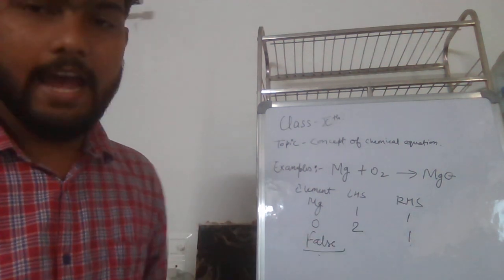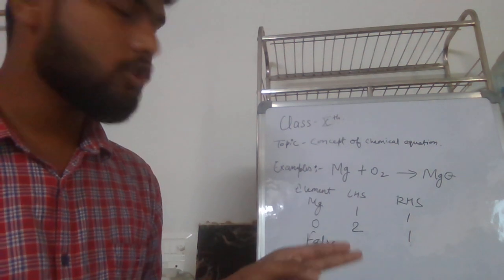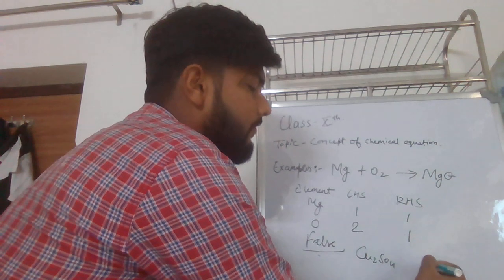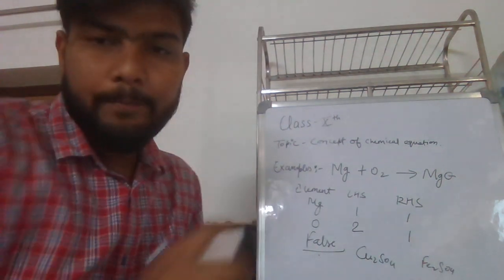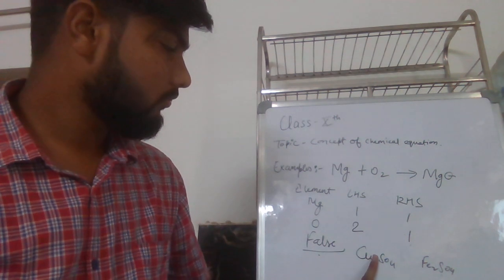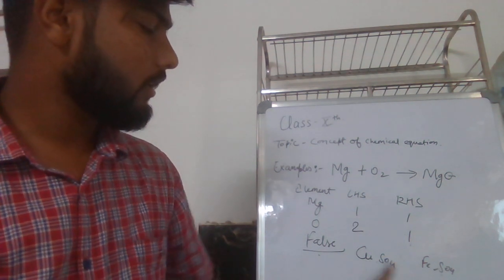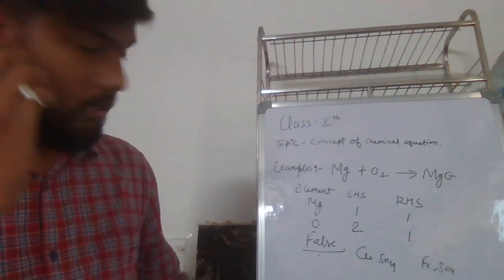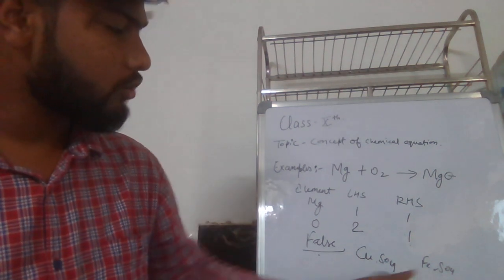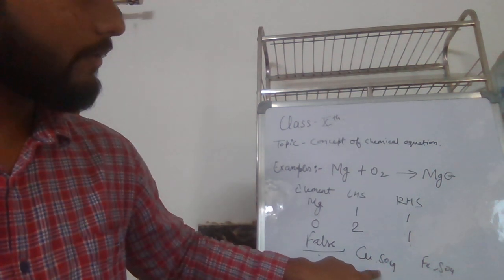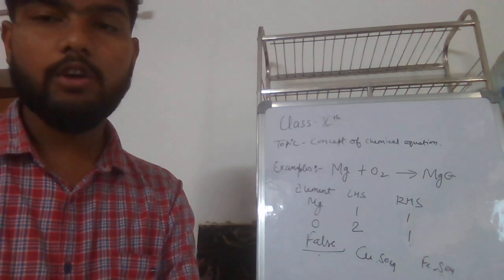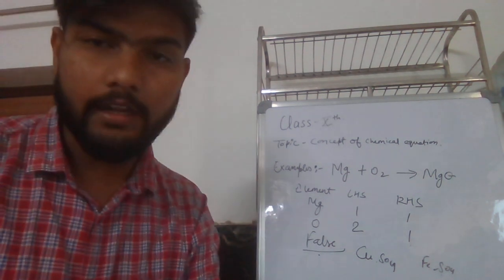In the second beaker there is another solution, FeSO4. We will keep the nail in the CuSO4 and FeSO4 solutions. Now you have to tell me what will happen.